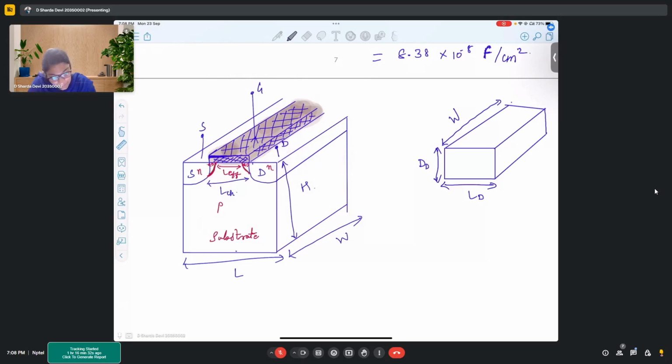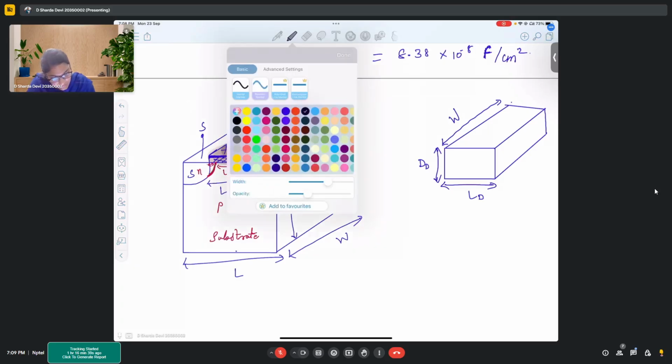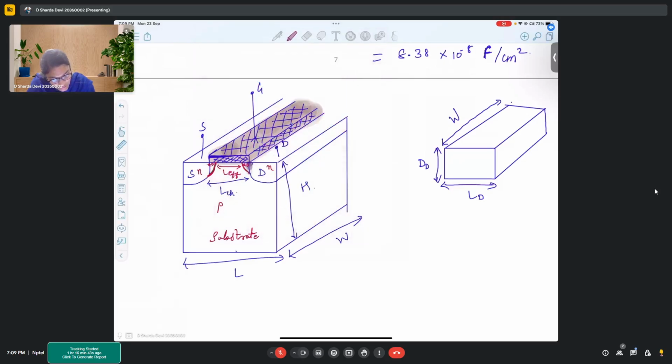One junction will be formed here. So this is the depth of the doping side and the whole width. Do you understand? So this is the inner width.